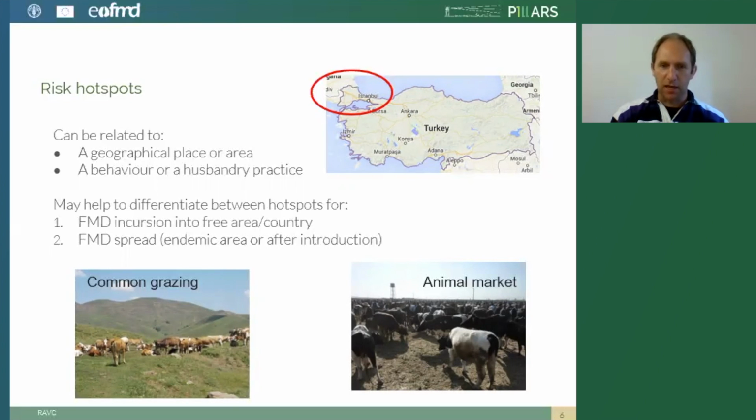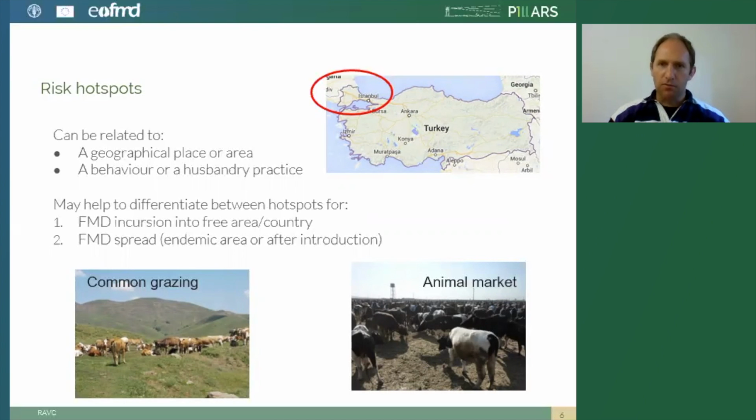Common grazing, there's again another risk for animals to transmit and spread disease among themselves. When considering these hotspots, we may want to do it separately for foot and mouth disease entry into a country or area, and then consider it again separately for foot and mouth disease spread within an area once it's there. It may already be in the area.